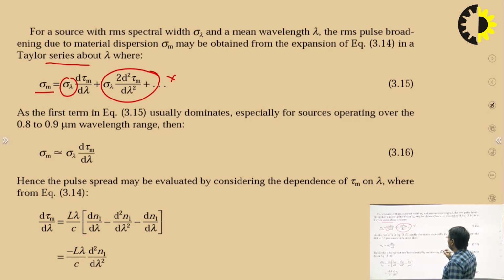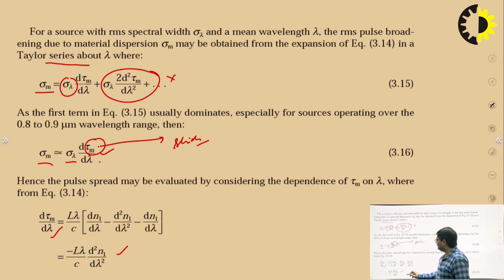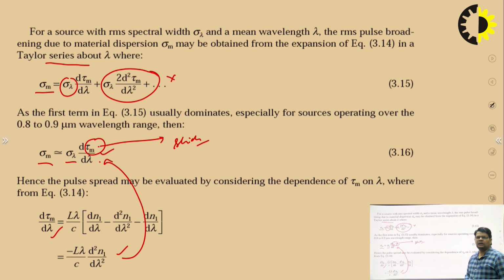So we have material dispersion nearly equal to sigma lambda d tau m by d lambda, where this group delay due to material dispersion can be calculated from the previous slide. So we can calculate d tau m by d lambda, and put it into this equation for calculating the RMS pulse broadening due to material dispersion.